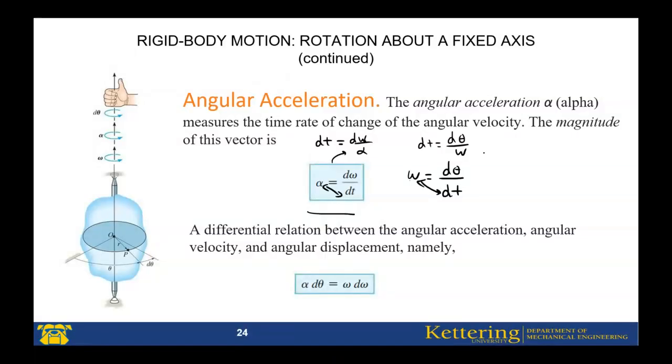Then, equating the left-hand sides, d omega divided by alpha is equal to d theta divided by omega. Multiplying this by this gives this equation: omega d omega equals alpha d theta. As you can see, there is no time in this equation.